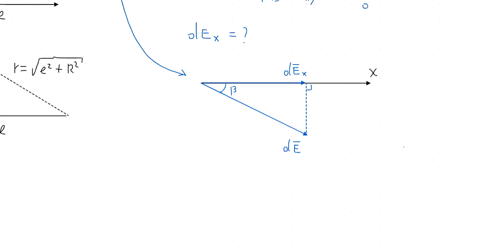Okay, if for example we have the triangle, and here we have C, and we have beta.